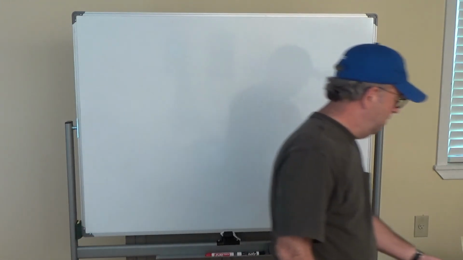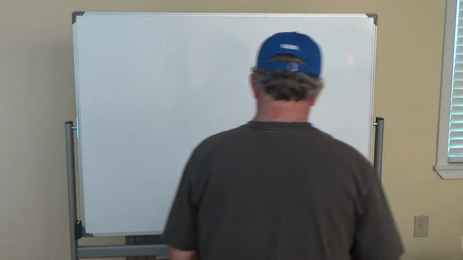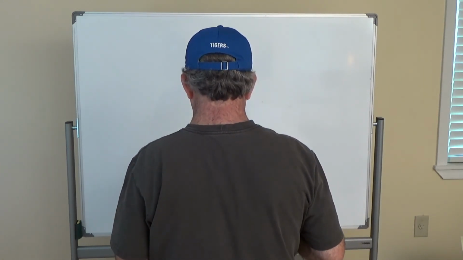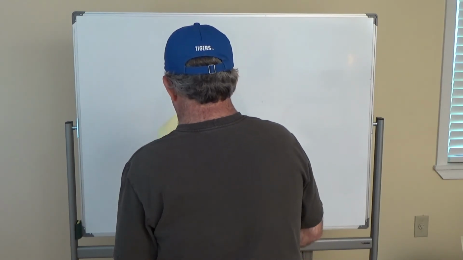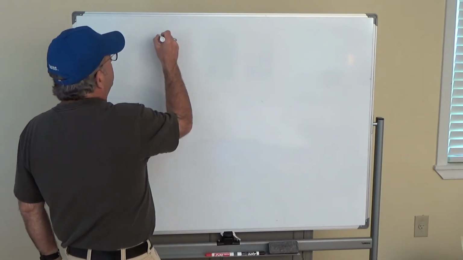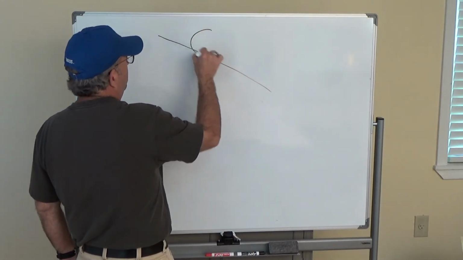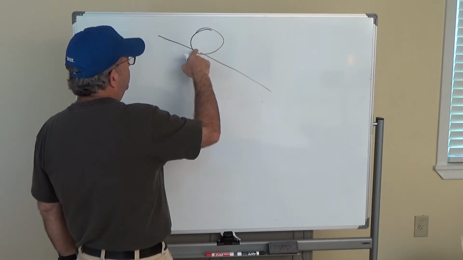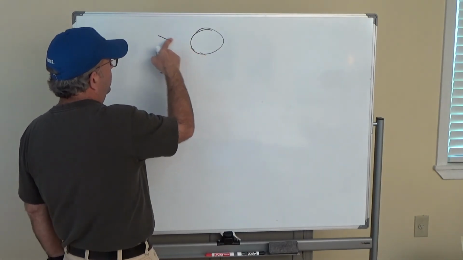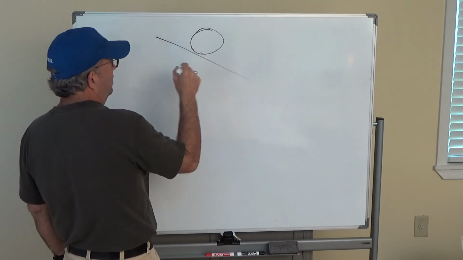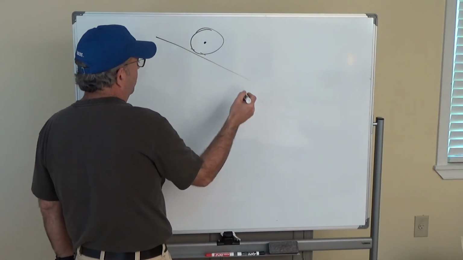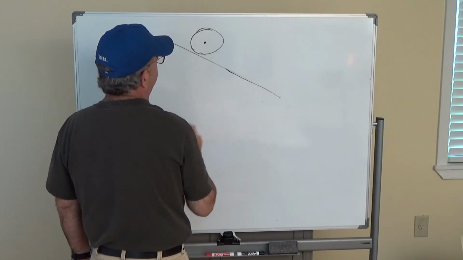Very similar to this, only I'm going to use force this time. Here's an object that's going to roll down a hill, just like in this case. I'm going to use force and calculate accelerations. It's going to roll down an inclined plane without slipping.